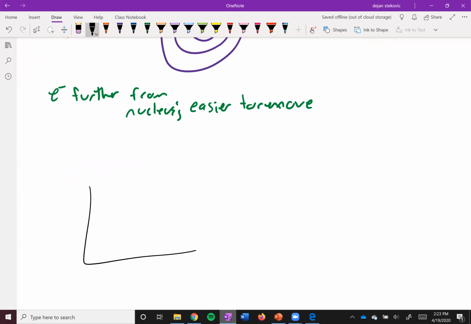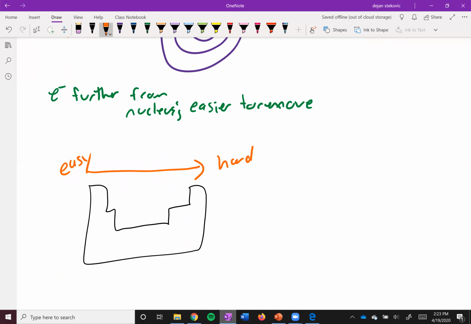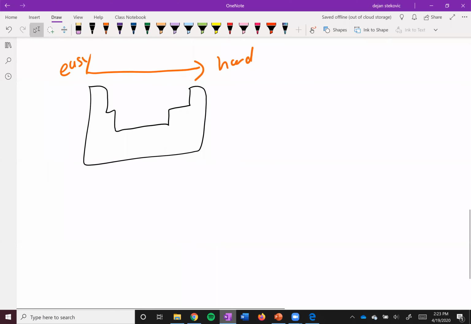Let's think about what happens when we're going from left to right. So the stuff on the left side is kind of easy to remove, and the stuff on the right is hard to remove. And this all goes back to effective nuclear charge, right? So Z effective. So again, let's think about lithium and neon.